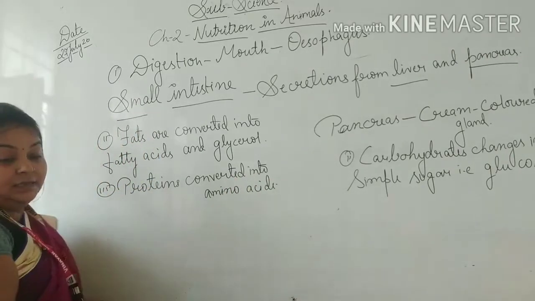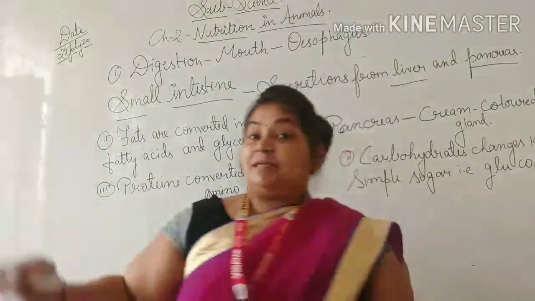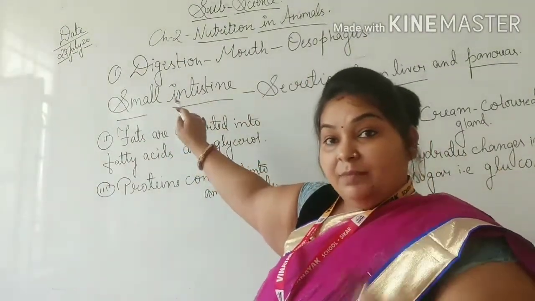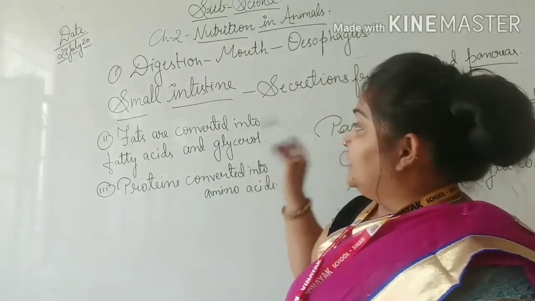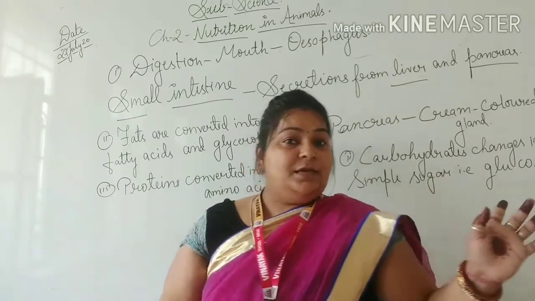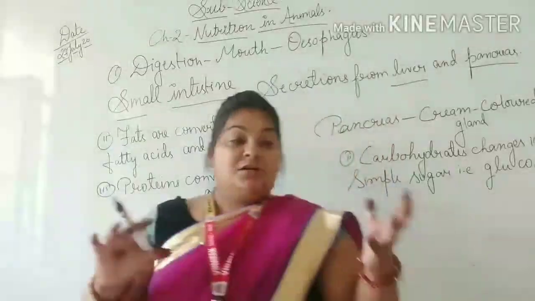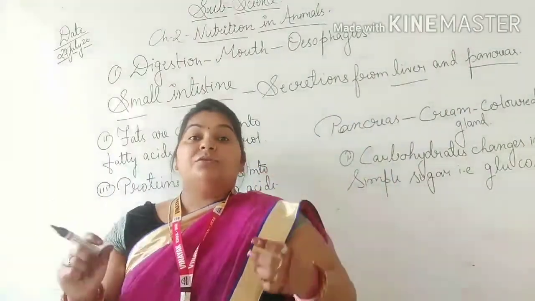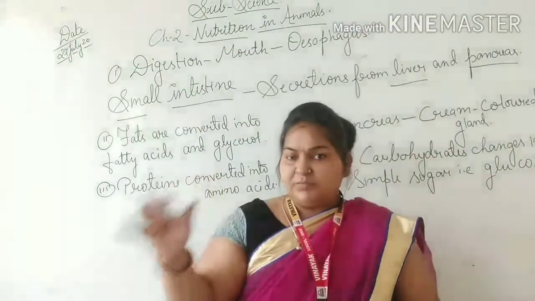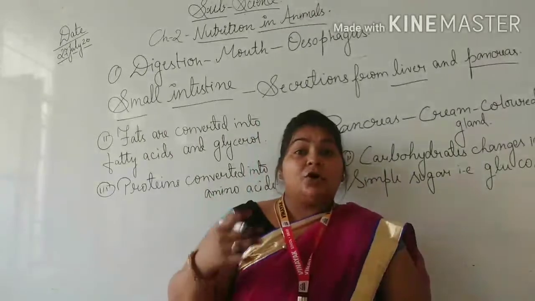Here we complete our digestion process. I told you it starts from the mouth, and then coming back to the small intestine, some more glands help, that is the pancreas and liver. They secrete juices. Some nutrients are absorbed and passed through our blood system, so that our body gets all types of nutrition.